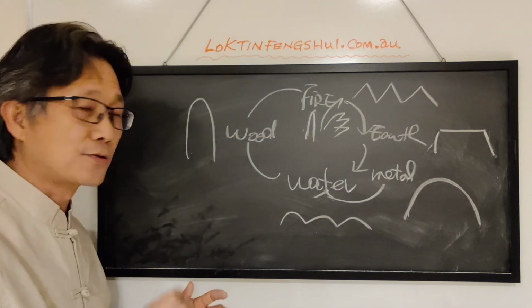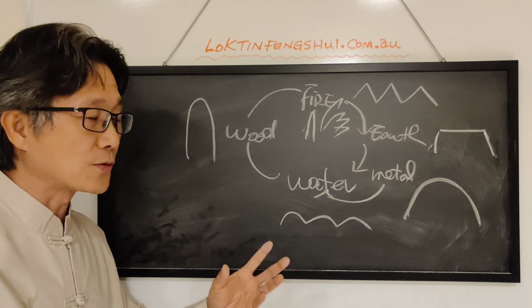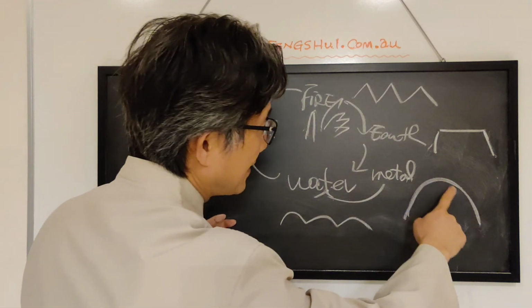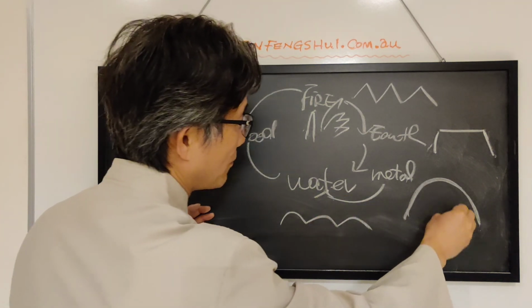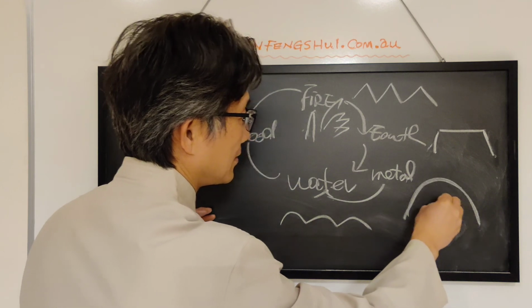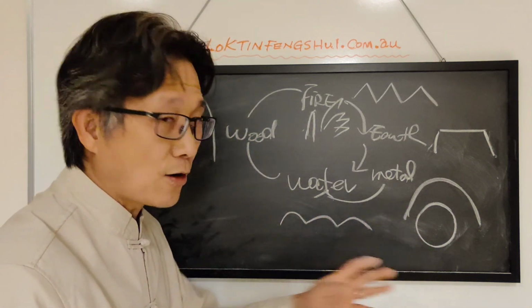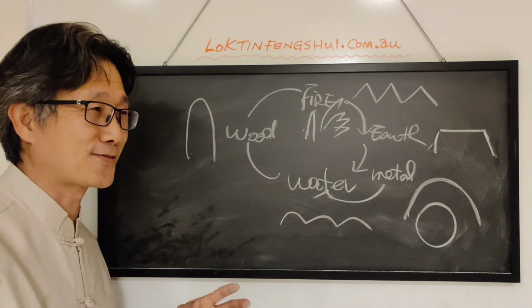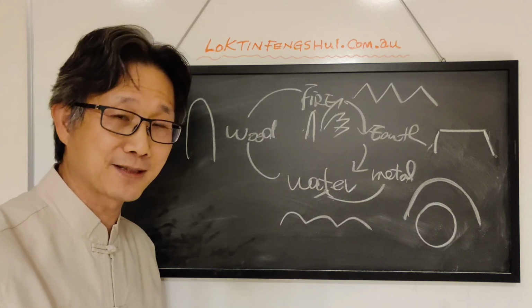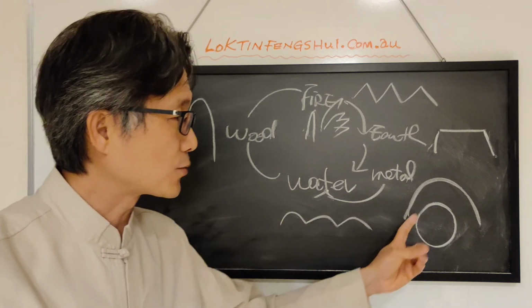So metal is round, and it is more powerful, metal is power. You can see a mountain like that, or you can see the oval, like Aussie rules. For those who are not familiar with Australian sport, in Aussie rules they kick the Australian footy, and the oval is round.